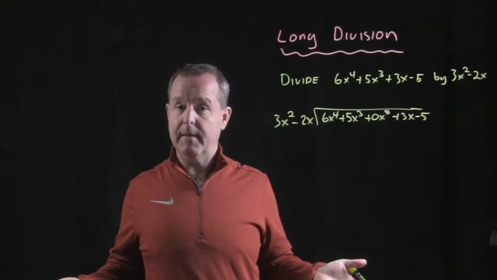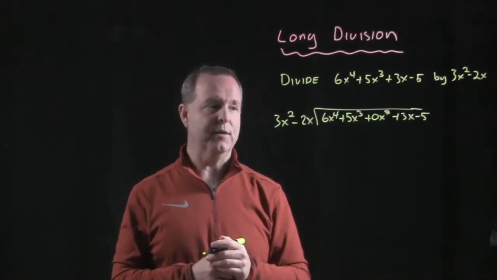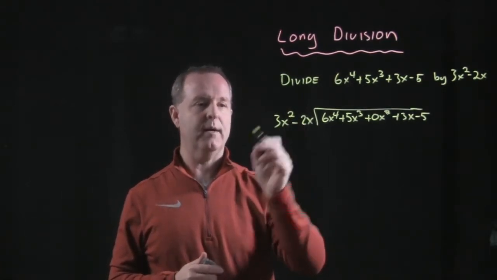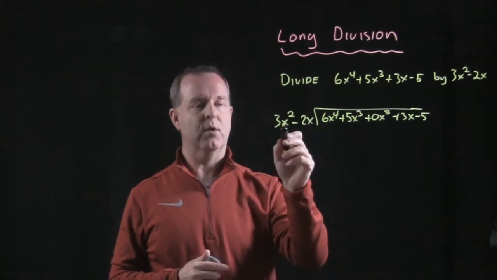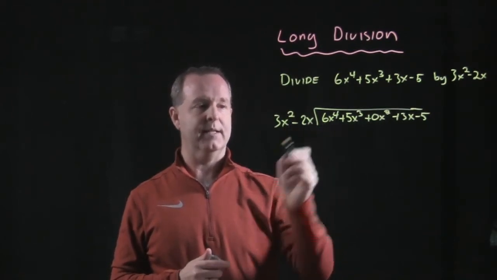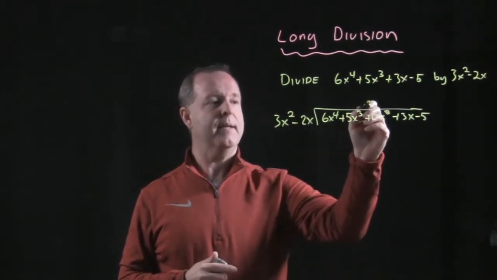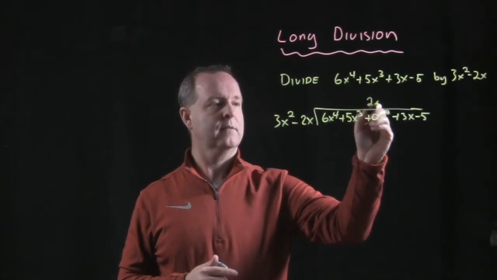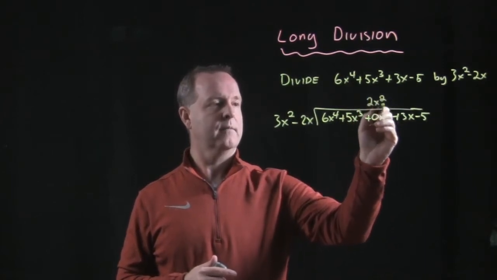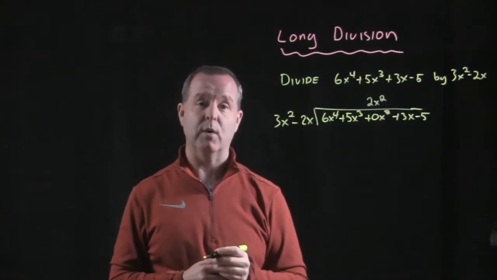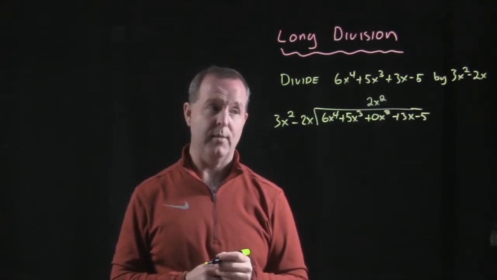All right, now from there, let's go ahead and divide through. 3x squared is my first term. And so 3x squared times what makes a 6x to the fourth? And that would be a 2x squared. I'm going to put the x squared above my x squared placeholder. That's why we have it.